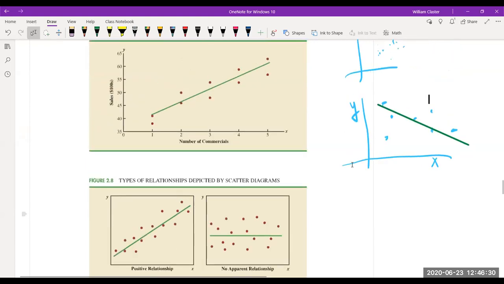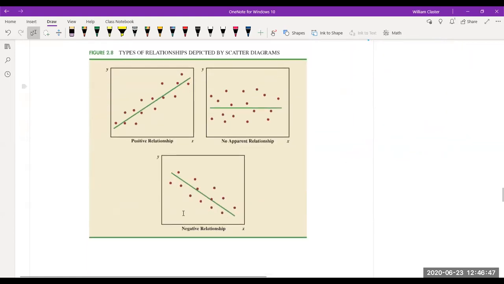By positive relation, we mean that as the x-axis increases, the y-coordinates also increase. And here, as the x variable increases, the y variable tends to decrease. That's called a negative relation. And here, maybe no relation. Okay, is this clear?